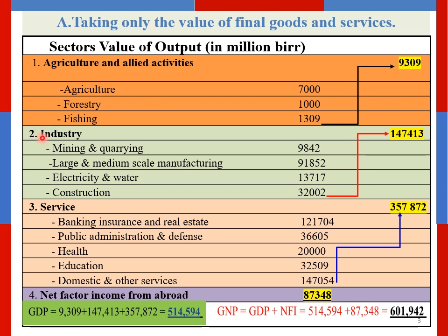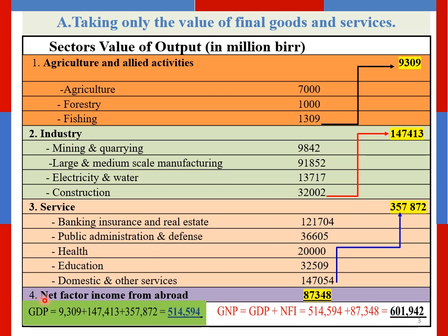Under industry, we have mining and quarrying, large and medium scale manufacturing, electricity and water, construction. Again, when you sum up those elements of the industry, you can get this number. Under the service sector we have banking, insurance and real estate, public administration, defense, health, education, domestic and other services. Again, sum those numbers and you can get this number.